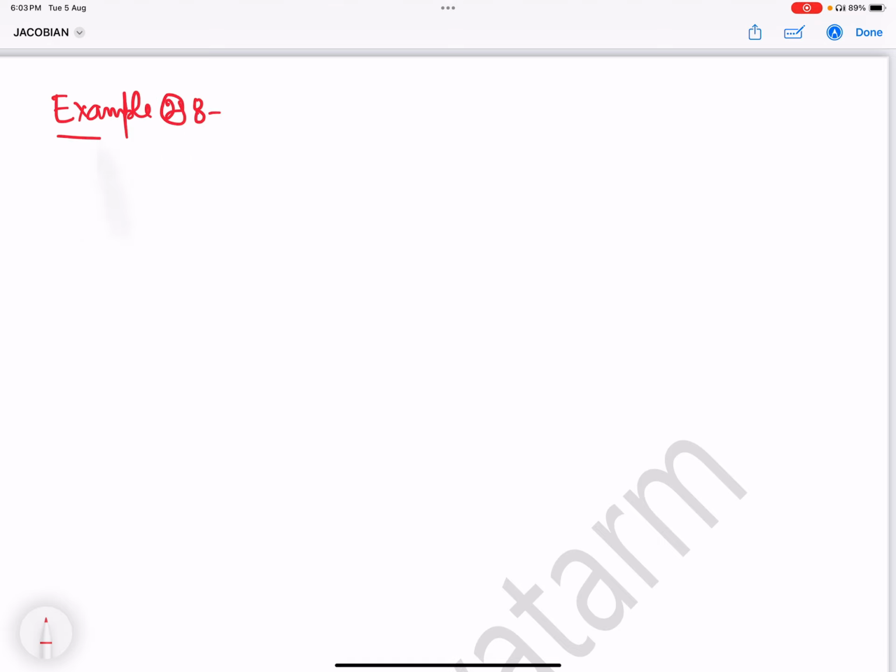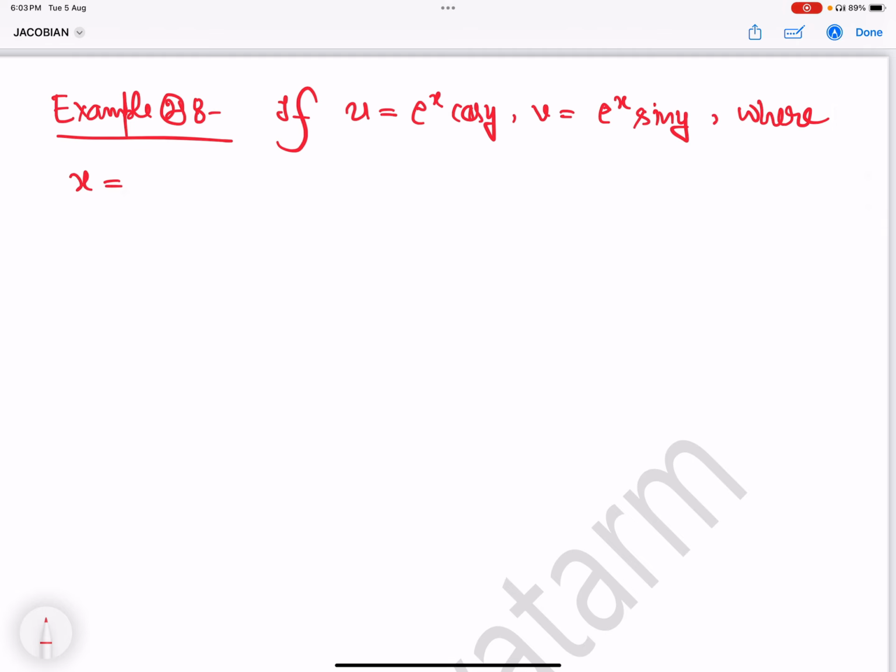Okay. So next question, example 2. If u is equal to eˣ cos y, v is equal to eˣ sin y, where x is equal to lr + sm, y is equal to mr − sl.